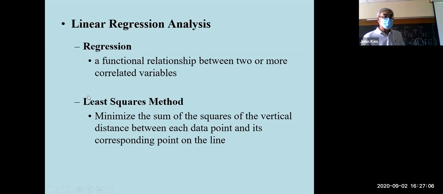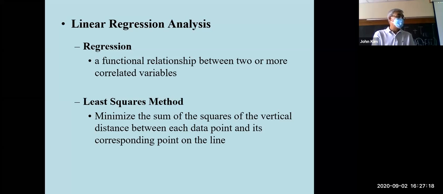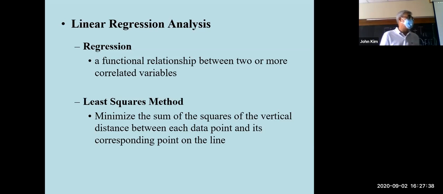Linear regression analysis. Regression is a functional relationship between two or more correlated variables. I'm not sure if your statistics instructor covered this part or not. Anyway, I think you know about correlation: two variables, x and y.